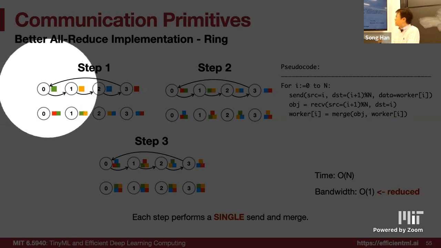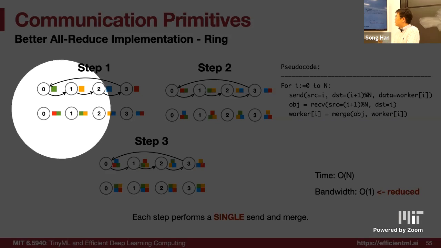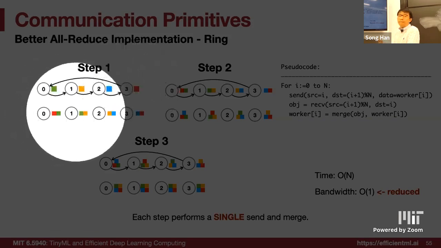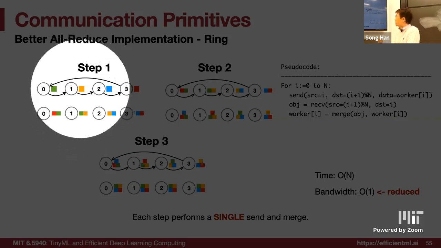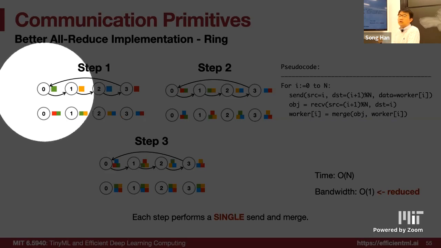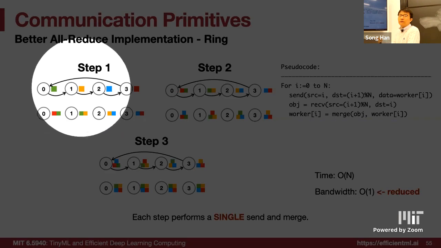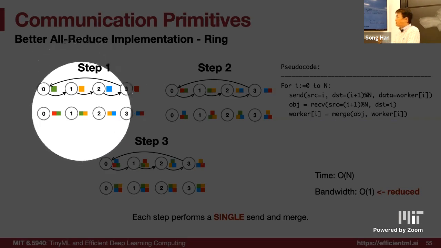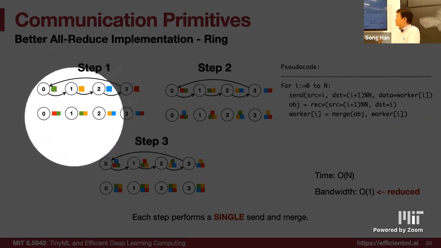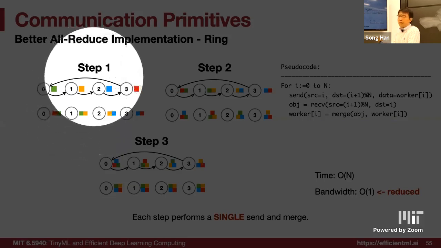At this moment, worker 0 has data both from itself and also from worker 3. Worker 1 has the gradient from both worker 1 and worker 0, since worker 0 is sending to worker 1, and worker 1 previously already had the yellow data. So now it has both the yellow data and the green data. So that's the first step.